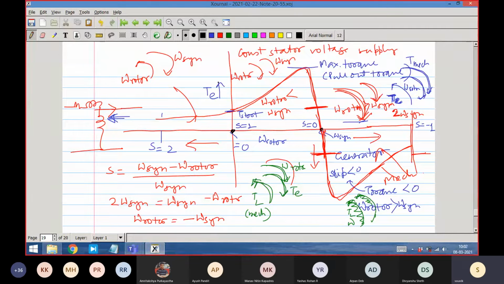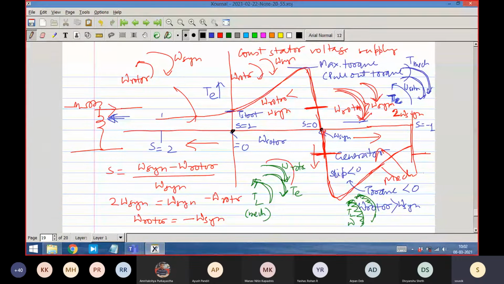Slip equal to 1 corresponds to the starting condition, because slip equal to 1 implies rotor speed is equal to 0. So what can be observed is that slip equal to 1 has certain torque.